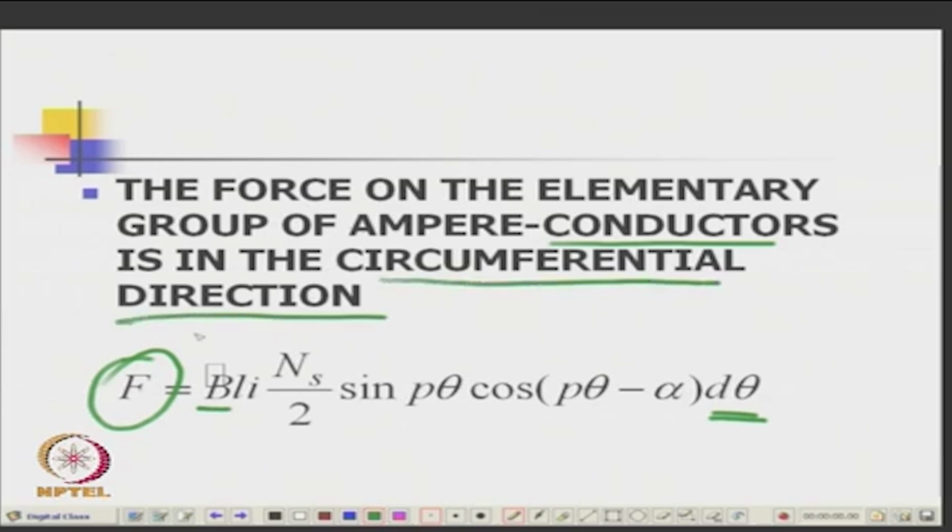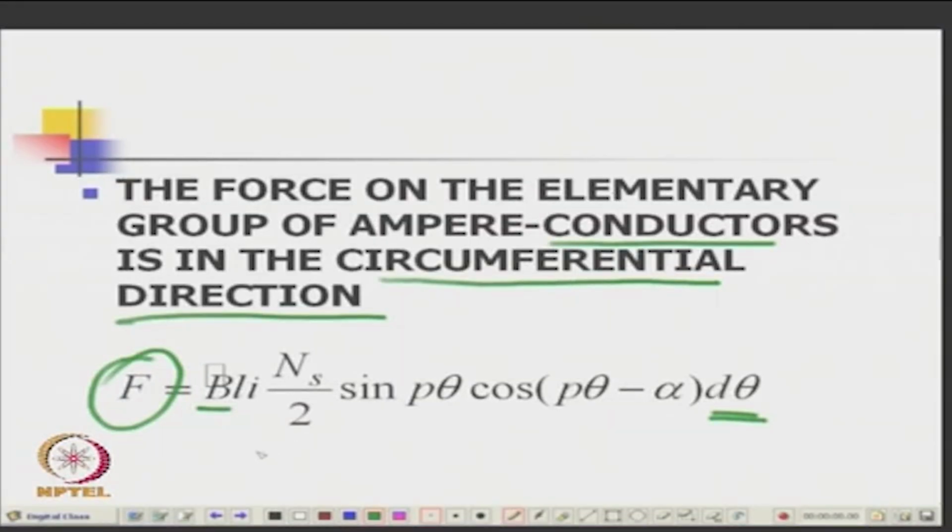How much force will it experience at a given B? It will be a product of these two, B and I, that is BLI, length of course is there. So it is the product of B and I, B varying with theta, I varying with theta, and it will be this product.